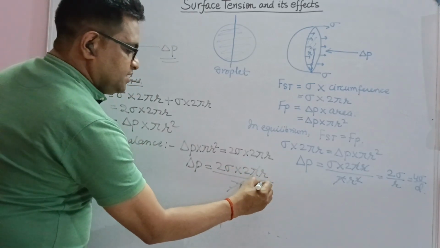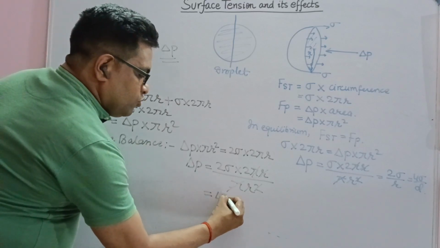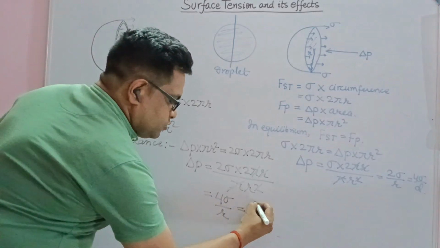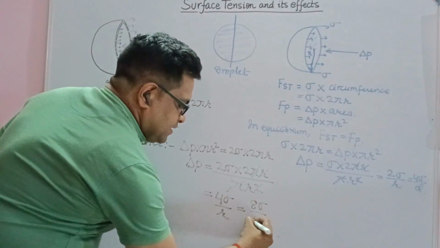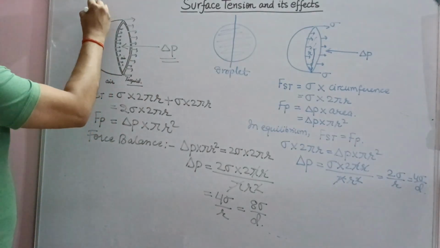So pi gets cancelled, 1 r gets cancelled. So here we have 4 sigma upon r, which is equal to 8 sigma upon d. So this is for bubble.